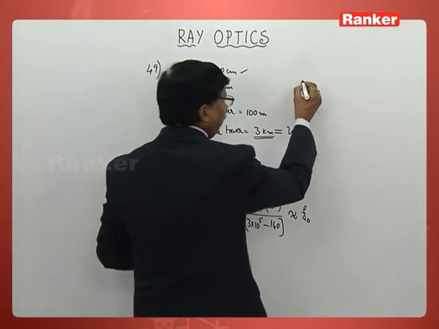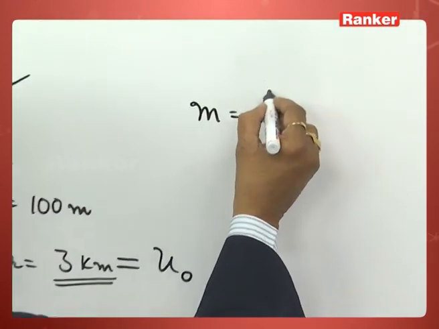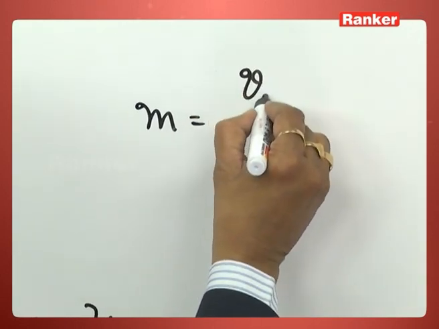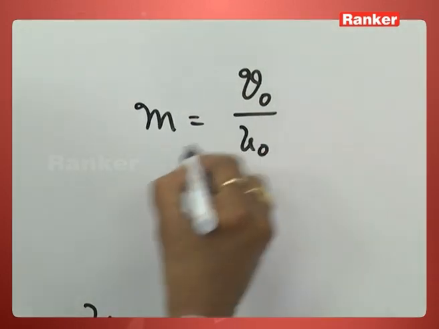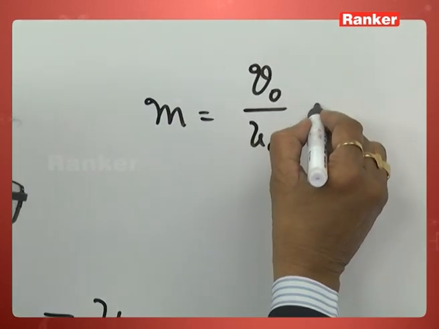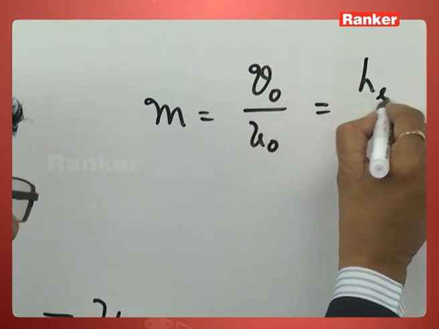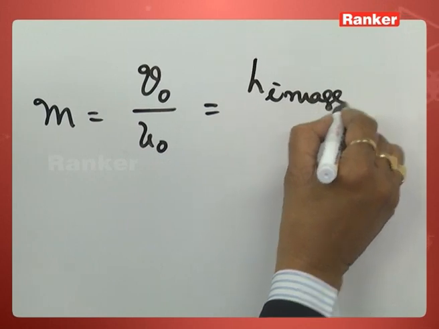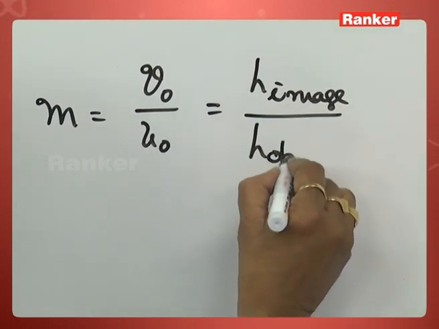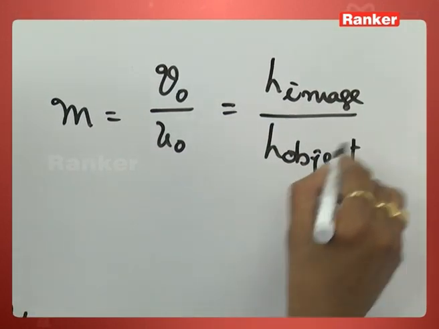Now recollect what magnifying power is. It is image distance by object distance, which is equal to the height of the image formed by the height of the object considered.